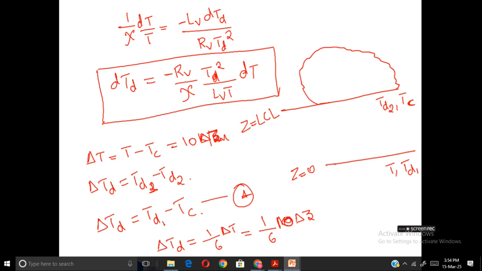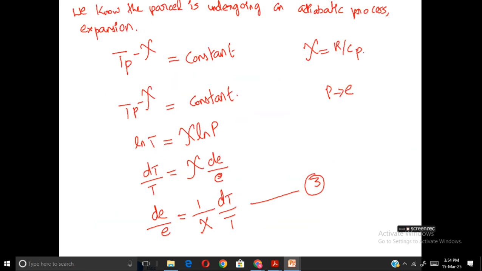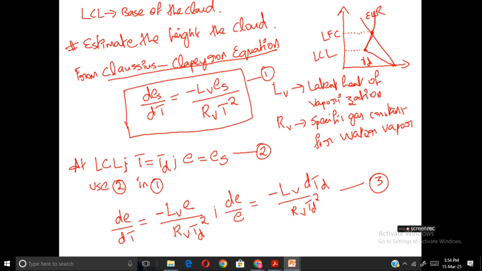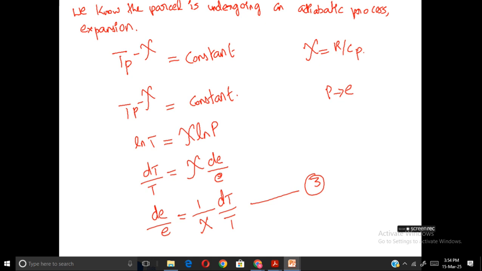So we started from the Clausius-Clapeyron equation. Then we got the value for de by dz. Then as the second part, we started from the equation of state in the adiabatic process, which is T e raised to minus gamma is equal to constant. From there also we got the value of de by dz.